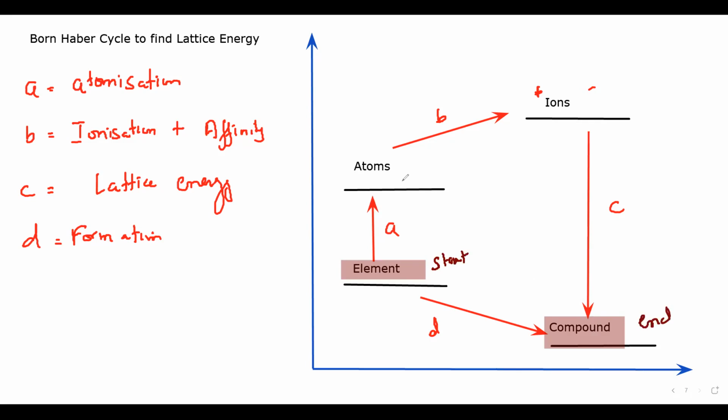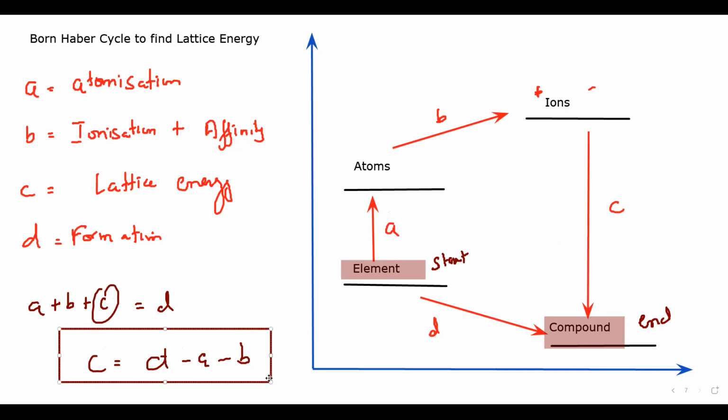So according to the Born-Haber cycle and Hess law, the overall energy change is independent of the route. If we add A plus B plus C, that is route 1, it equals D. Or if we need the lattice energy, that is equal to D minus A minus B. So we substitute the values and you will get the answer for lattice energy.